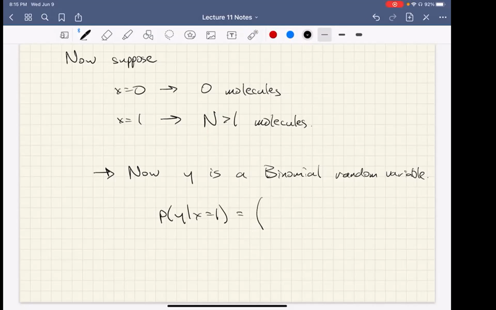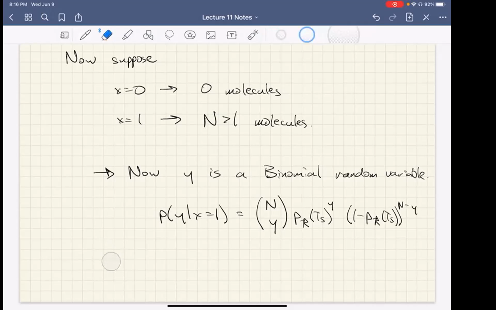Then the number that I observe at time T_S is N choose y, times P_R(T_S), the probability of arrival at time T_S, to the power of y, times 1 minus P_R(T_S) to the power of N minus y.